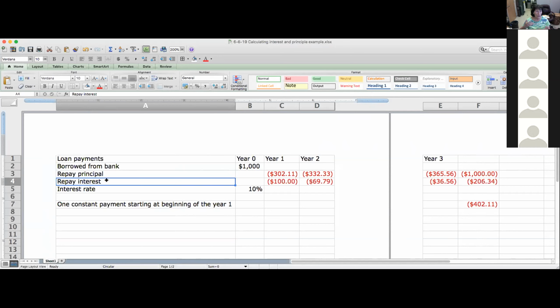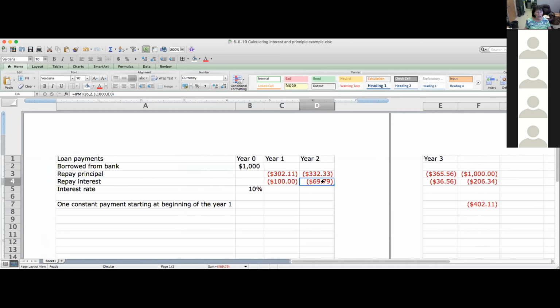So you have to do these separations, and it's going to be different every time because every period you're going to have a different amount that you owe. You pay interest on everything you have borrowed. So the first year, you notice you're paying $100 in interest because the interest rate is 10%. You borrowed the $1,000 for 1 year, so you owe $100 in interest.